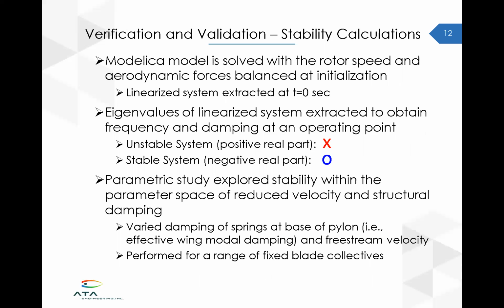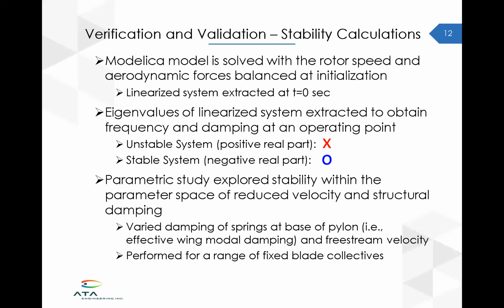And then we linearized that problem at time equals 0, extracted the eigenvalues of that linearization, and then determined from those eigenvalues, if it had a positive whirl part, then it was an unstable system. If it had a negative whirl part, then it was a stable system. And from that, we could find, through a parameter study, the flutter boundary for the rotor.